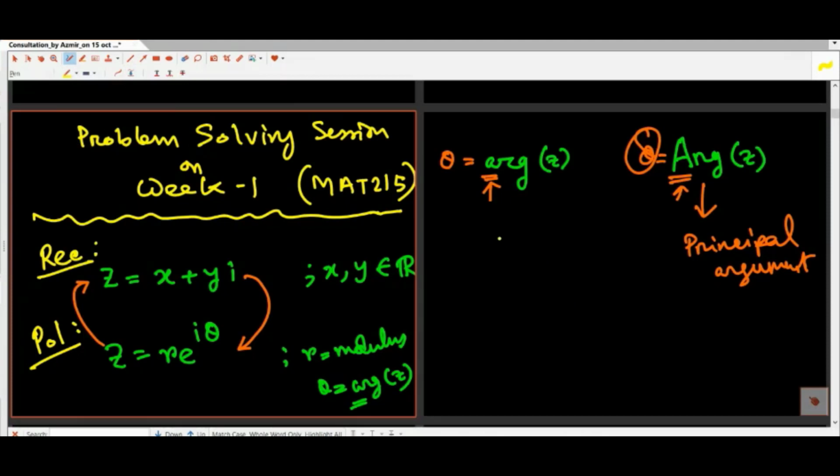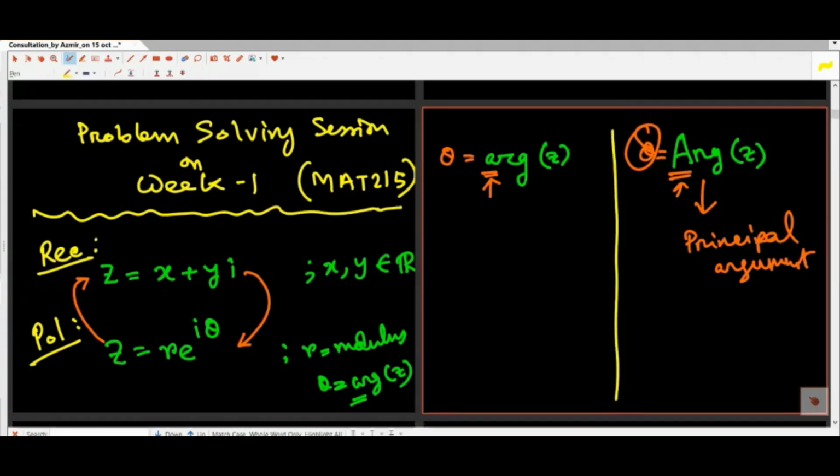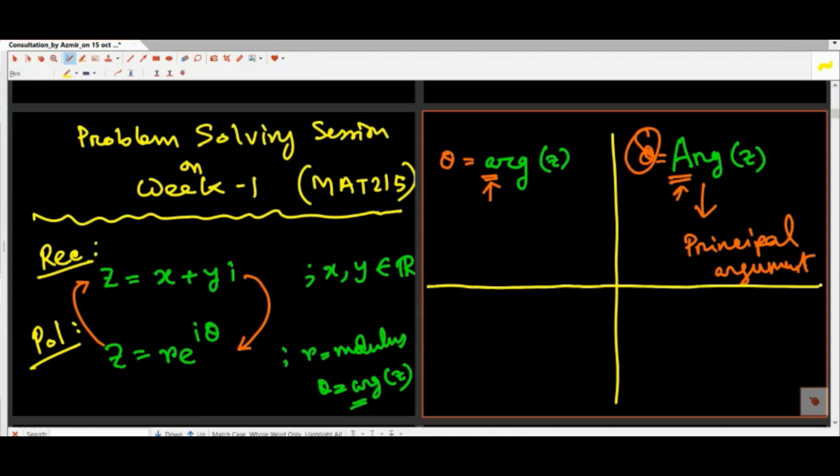So you already know that argument is like the angle. Okay, so angle from positive x-axis. I am coming to that part. But what is principal argument? Principal argument is a unique value. That means principal argument can be only one value.